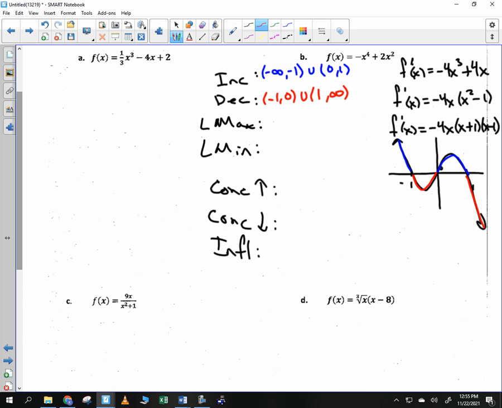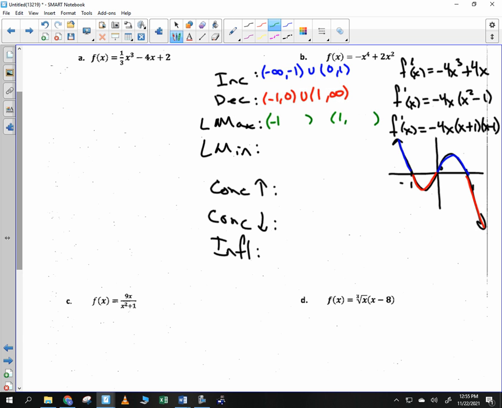A local maximum happens when it changes from what to what? When the first derivative changes from positive to negative. Is there a time it changes from positive to negative? Happens twice, doesn't it? It happens at negative 1 and it happens at positive 1.